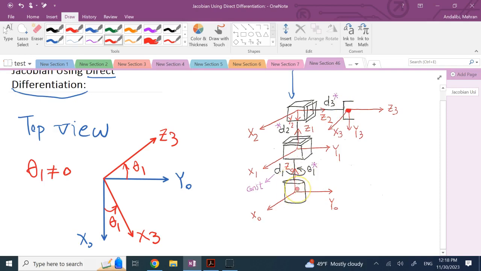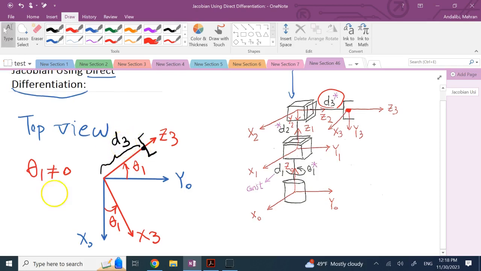Good. So here, if I ask what is the x of this end effector and y of it and z of it in the base frame, it's not really hard to calculate because, as you can see, this point is along the z3 axis with an offset of d3, right? So basically it is a point right here. If I want to draw the end effector, it is somewhere like this, where this distance from here to here is d3.